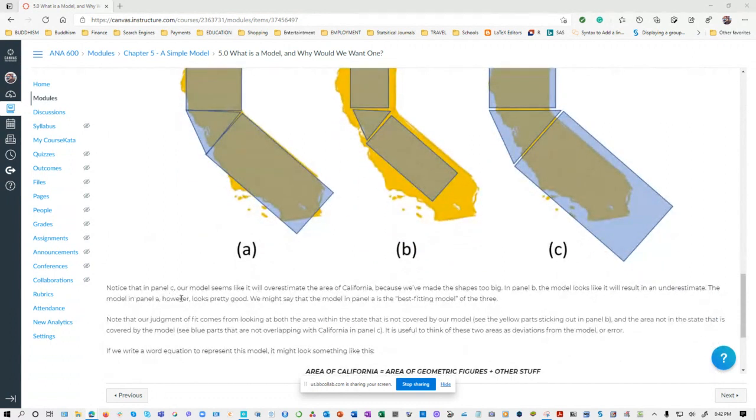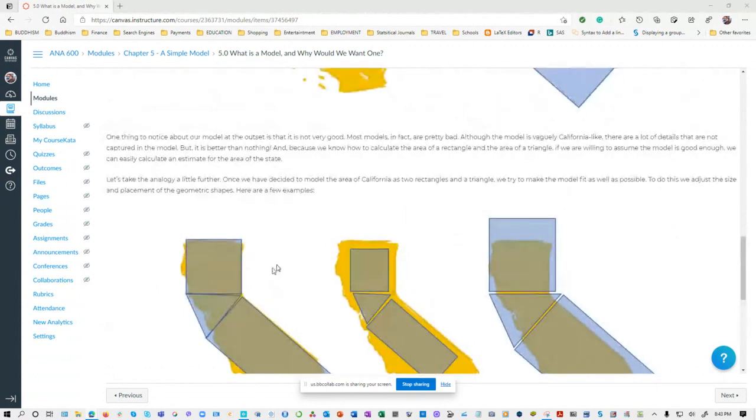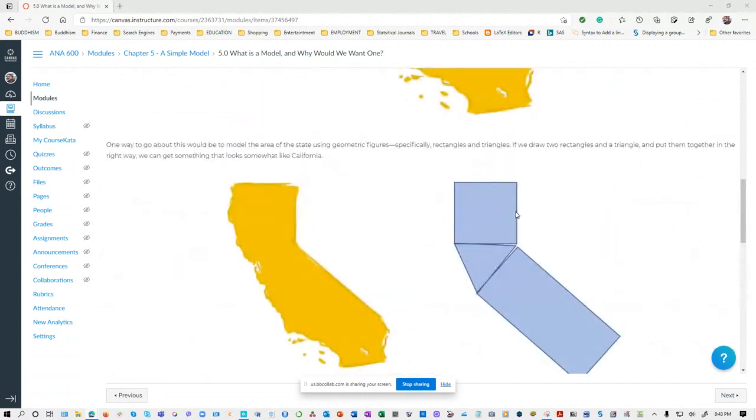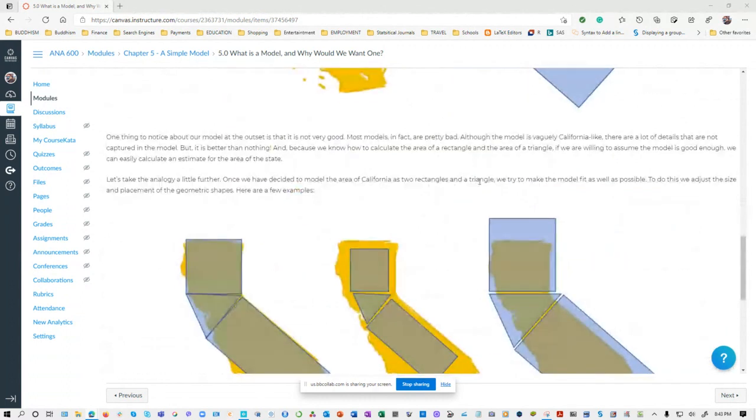Notice that in panel C, our model seems like it will overestimate the area of California. Let's take the analogy a little further. We had decided to model the area of California with two rectangles and triangles. Two rectangles means this looks like a square, but we'll call it a rectangle too. That doesn't matter. We try to make the model fit as well as possible. To do this, we adjust the size and placement of the geometric shapes.